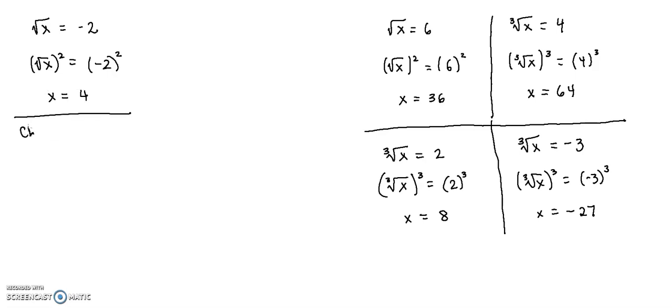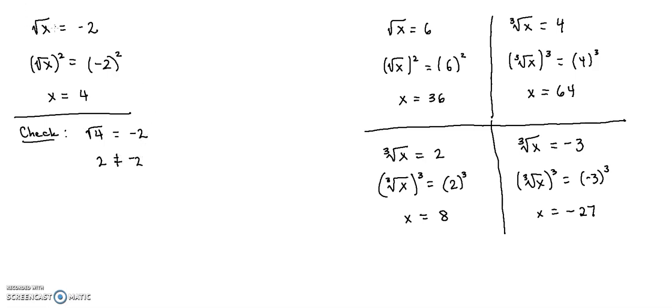But let's write out the check for this one. We've just been doing it in our head. When we go back and we check in the original equation, is the square root of 4 equal to negative 2? When you're given a square root, it's whatever sign you're given. So the square root of 4 is 2, and 2 is not equal to negative 2.